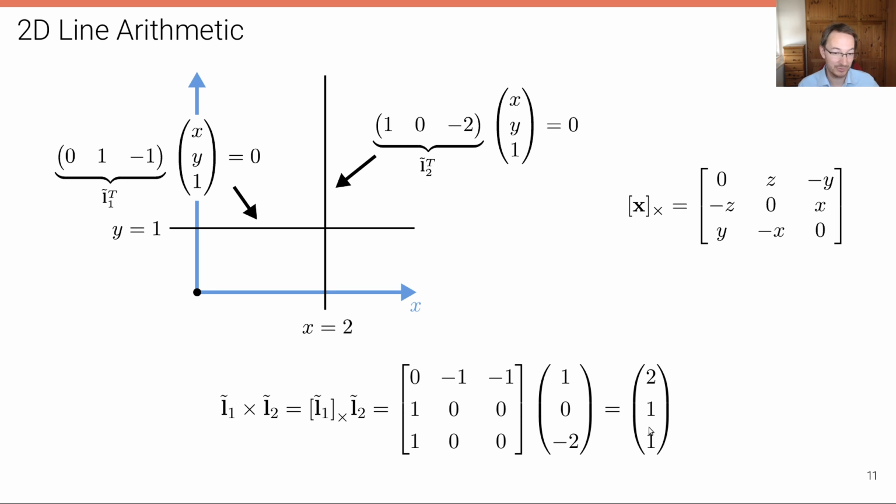This is not an arbitrary homogeneous vector, but in this particular case, it's already an augmented vector with the last element being 1. So we can directly read off the inhomogeneous coordinates 2 and 1, and we can verify that 2 and 1 is indeed the correct intersection of these two lines.